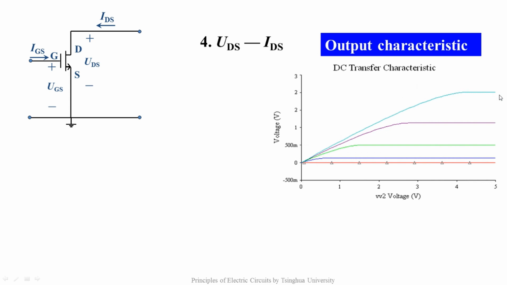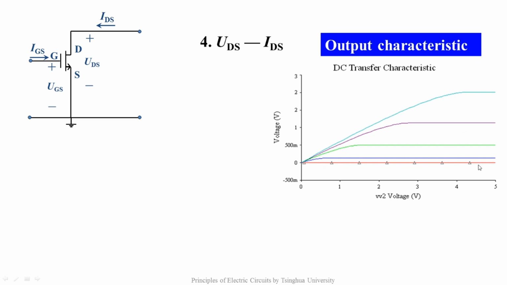We get the characteristic curve between UDS and IDS in the second lecture of the simulation. Obviously, UGS has impact on the characteristic. The curves are corresponding to different UGS.